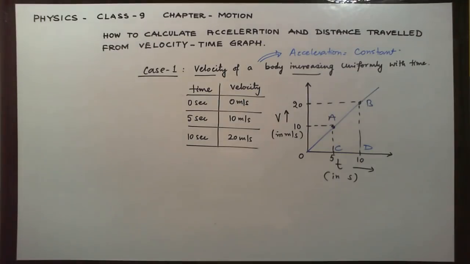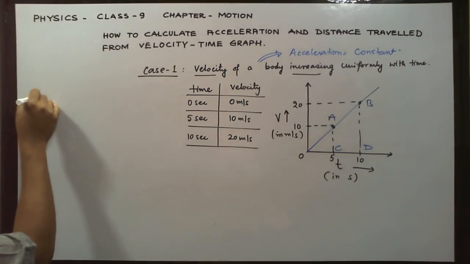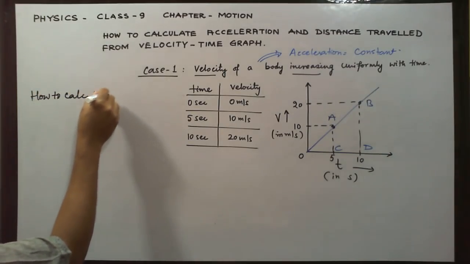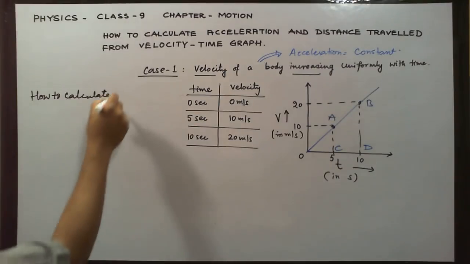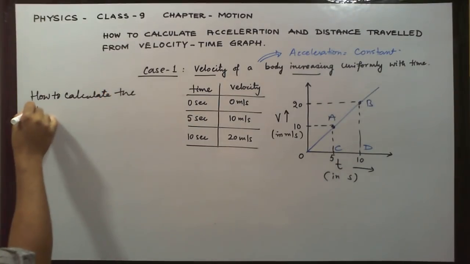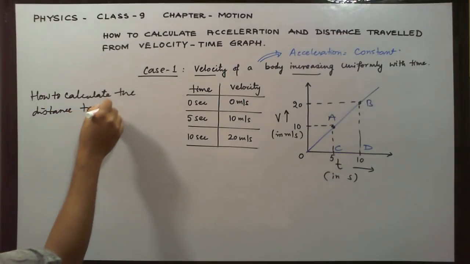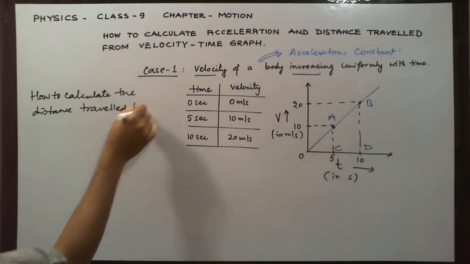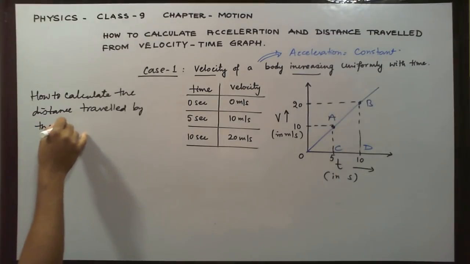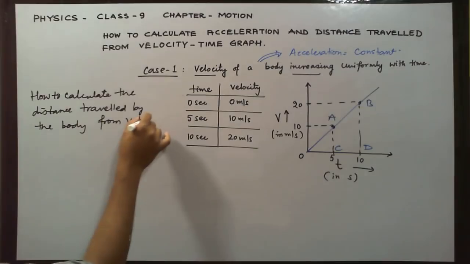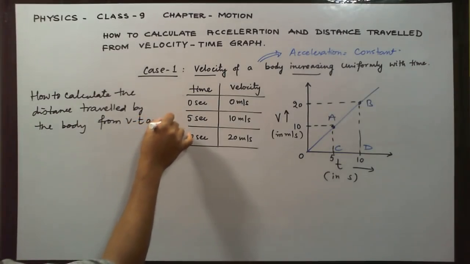The question here is how to calculate the distance traveled by the body from the VT graph. So where is the graph?